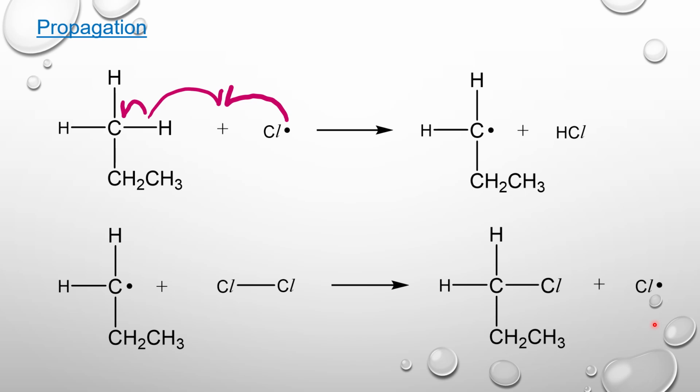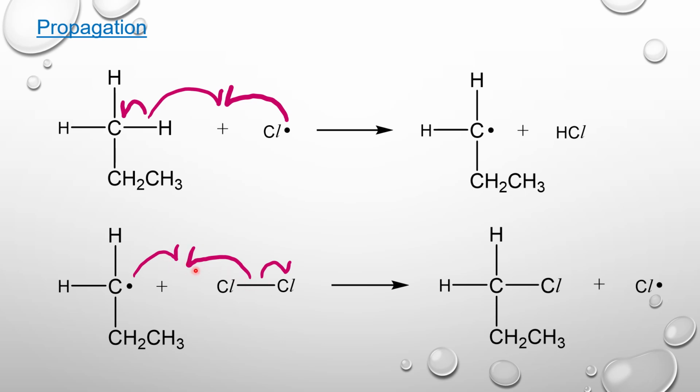In the second step, the propyl radical intermediate will react with a chlorine molecule to form 1-chloropropane. You will have to draw your half arrow in the same way to show the movements of electrons. So the arrow must start from the free radical or the covalent bond that is to be broken.